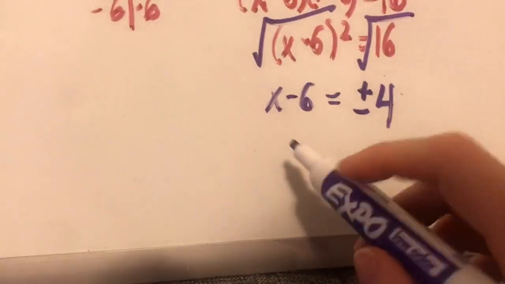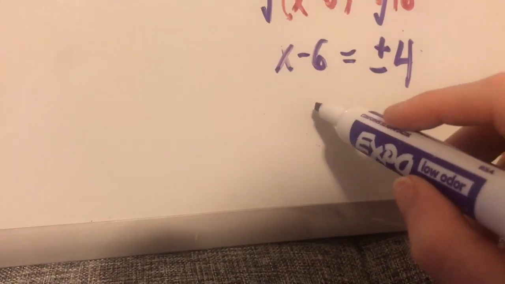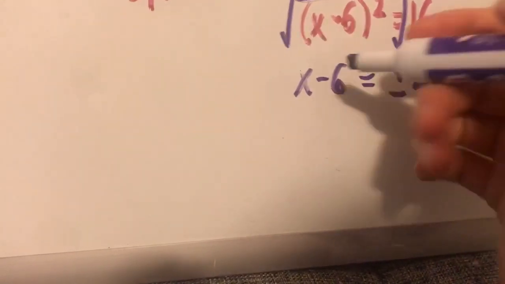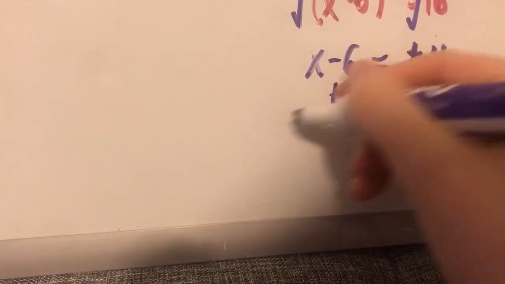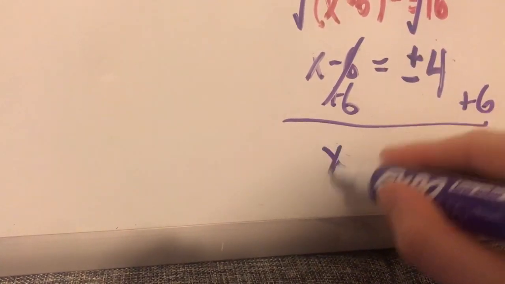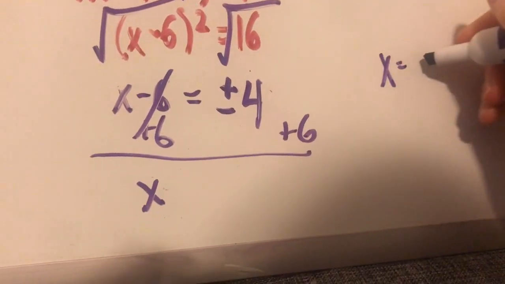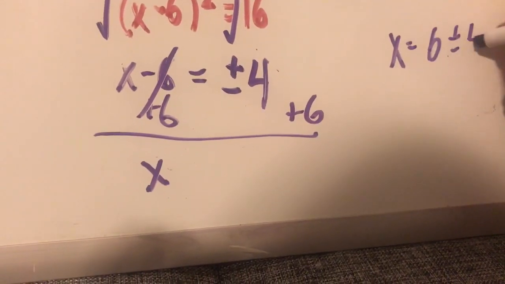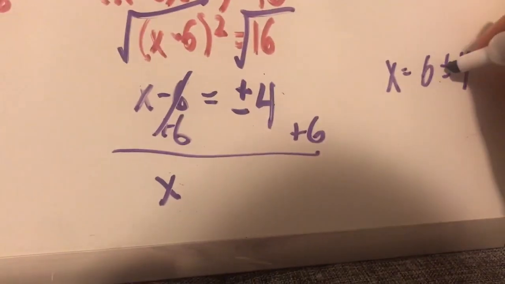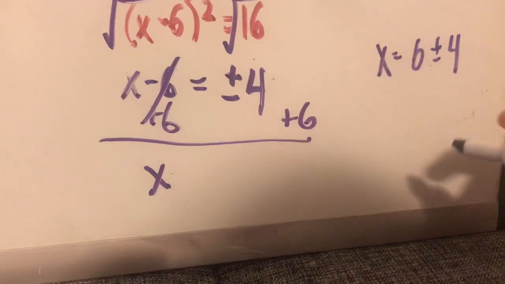And you're not done, because this is saying x minus 6. Well, I need to have x equals. So the only thing I have left to do is add 6 to both sides here. Some of you guys yesterday were writing x equals 6 plus or minus 4. Well, these are both numbers, so let's combine them together.